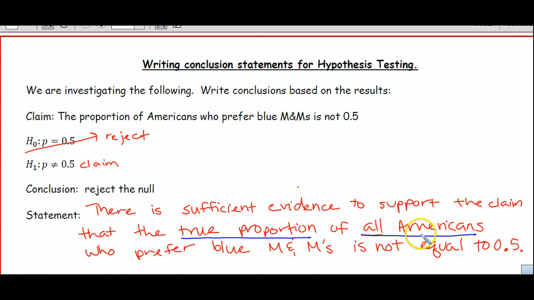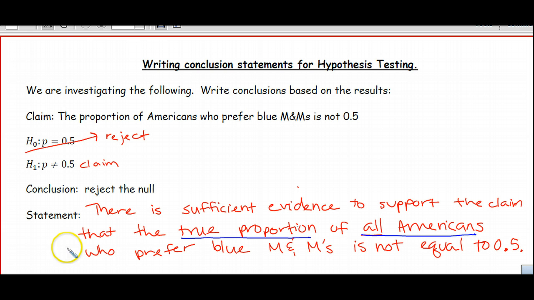This is addressing your population, depending on what the population is. If they don't give you a population, you could say the true proportion of the population if they're being vague about what the population is, who prefer blue M&Ms is not equal to 0.5. So then I'm addressing the actual claim, and I'm addressing it in terms of what the question was asking for.